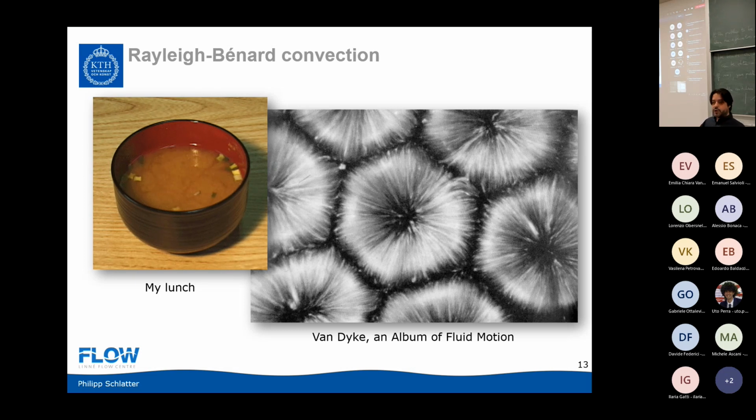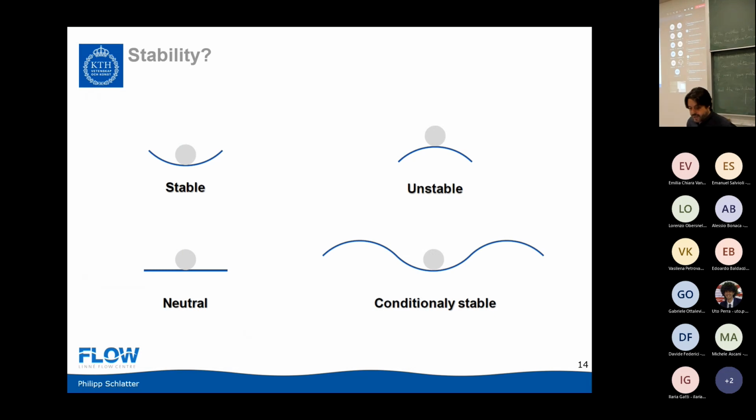And in the end, we need to understand how to predict where it happens. And in order to build a model of transition, you need to understand what the physical principles behind transition are. Now, this is the last slide for today, but I guess it illustrates a little bit what we also mean with stability and transition.